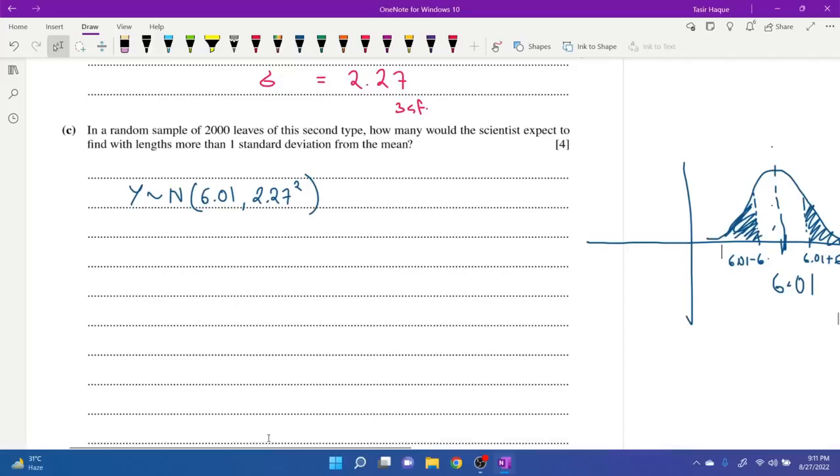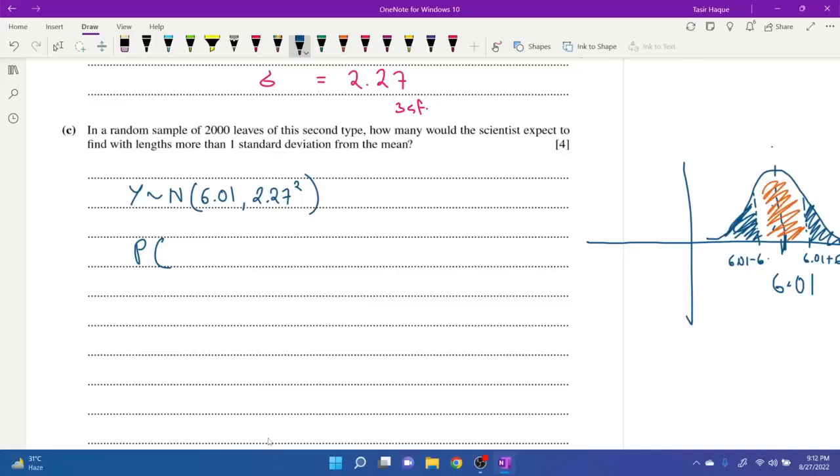So how are you going to approach this? It's 1 SD from the mean, right? So for example, since I named the distribution Y, it's going to be P, the section in between. I'm going to write that first, the section in between.